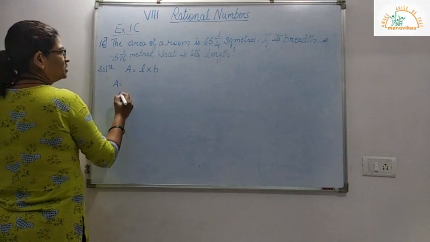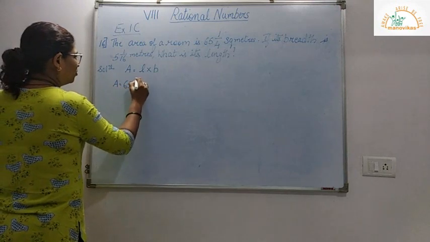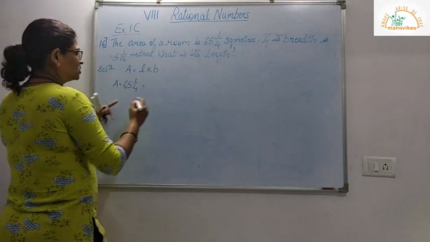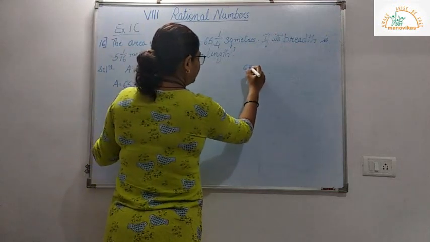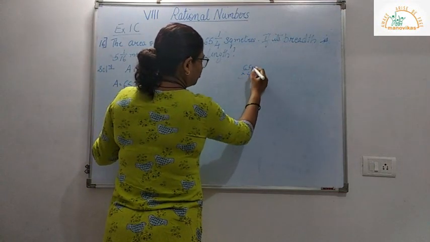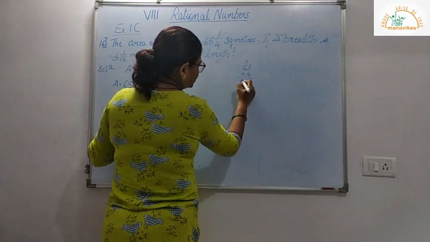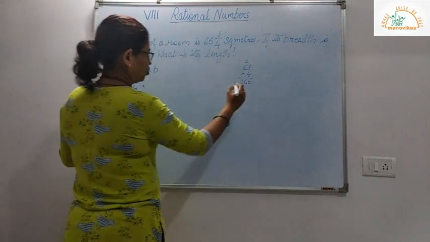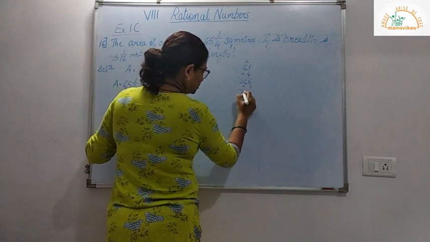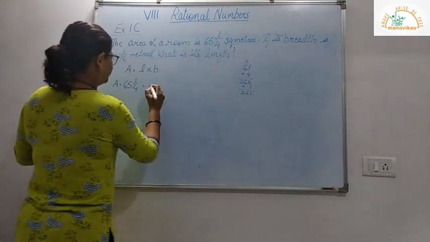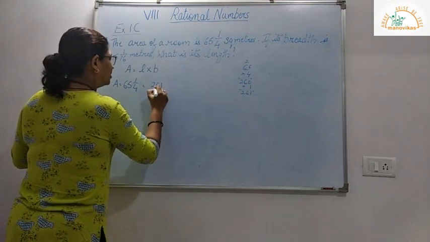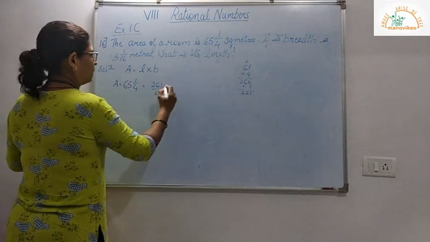So my area here is equal to 65 1 upon 4. So this comes to 65 into 4. 4 5s are 20, 4 6s are 24, 25, 26. So 260 plus 1. So this comes to 261. So it is 261 divided by 4.